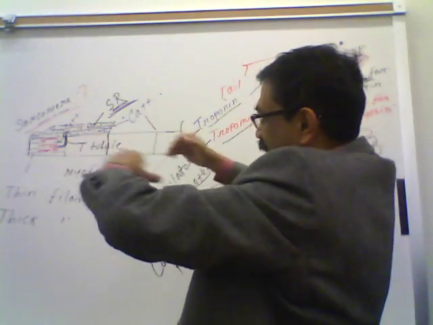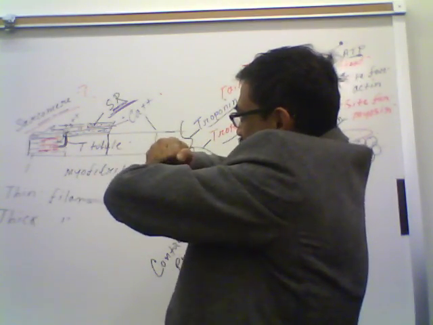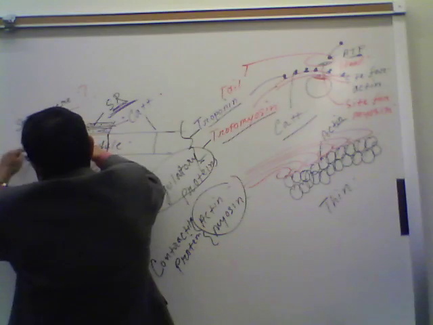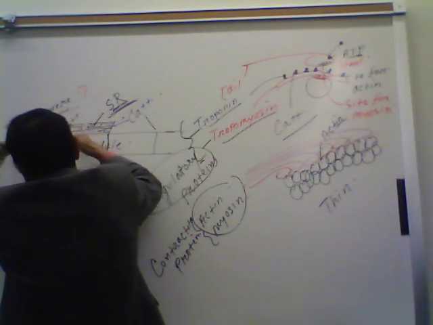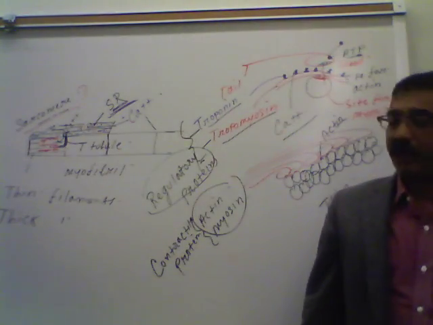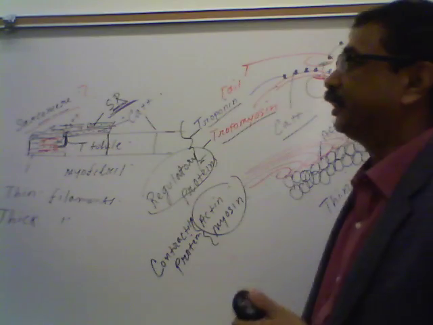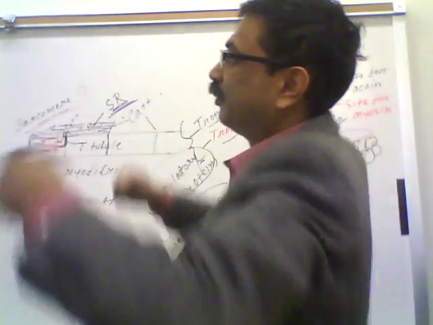If you see under the microscope during contraction, you'll see the filaments moving like this. From both sides, the thin filaments are moving over the thick filament. That's why it's called the sliding model of contraction. The filaments slide over each other.